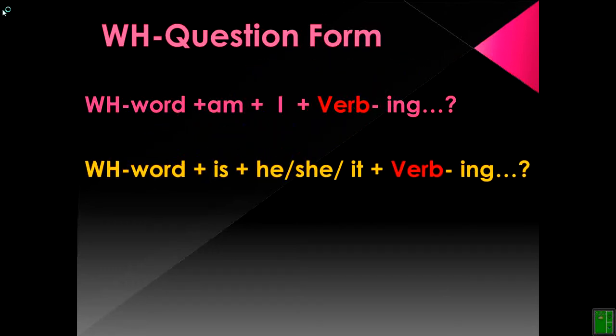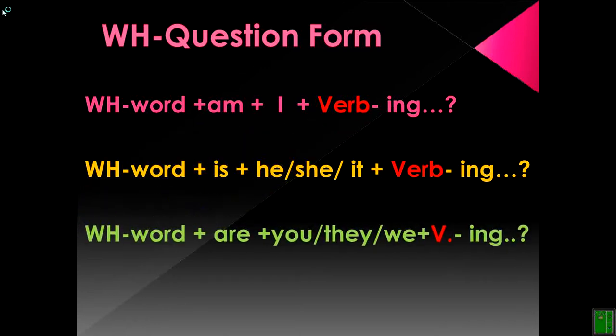Number 2, use WH word plus is if you have he or she or it or any singular, then verb plus ing, then you complete the question if you have a complement. Number 3, WH word plus are if you have you or they or we or any plural, plus verb plus ing, and complement if you have the complement.